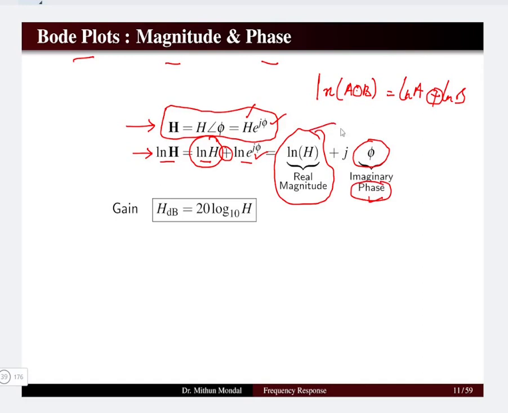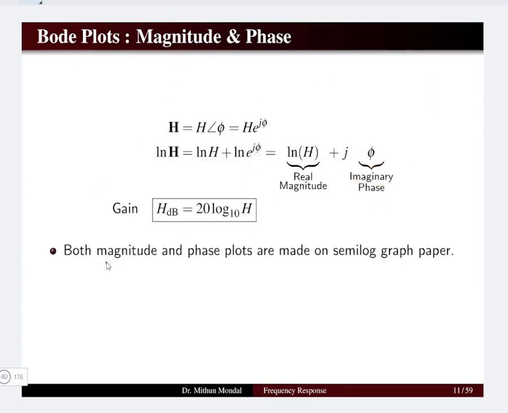So the magnitude and phase are separated out. The j indicates the iota, which is equal to the square root of -1. Now the gain we can obtain as H in dB equal to 20 log 10 H. This we have already discussed in our transfer function concept as well as in the frequency response concept.